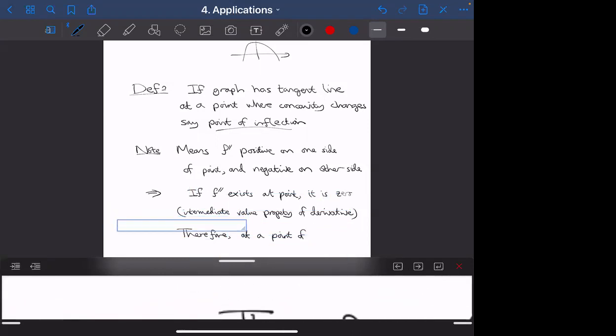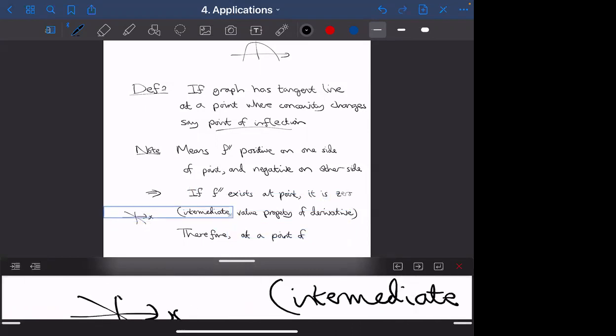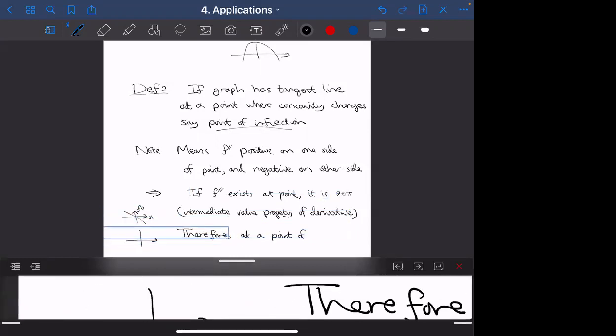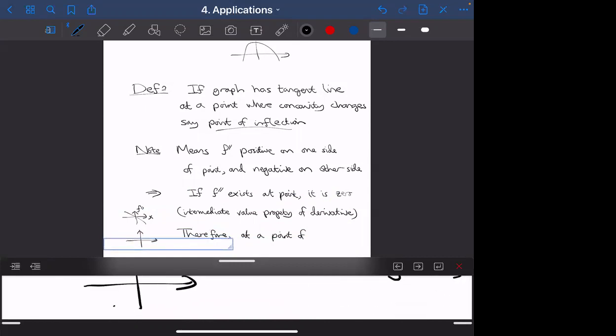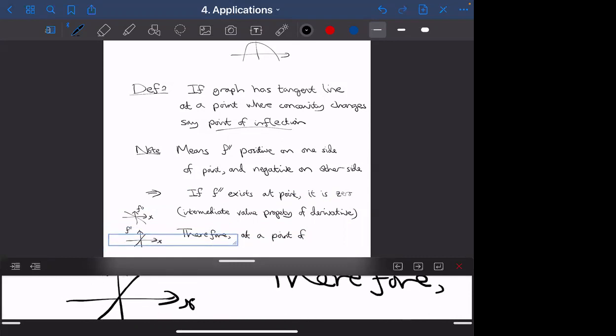So let's just draw some pictures of the graph of f prime prime. It's either going from positive to negative, or from negative to positive. And if it exists in the middle, then it must be 0.